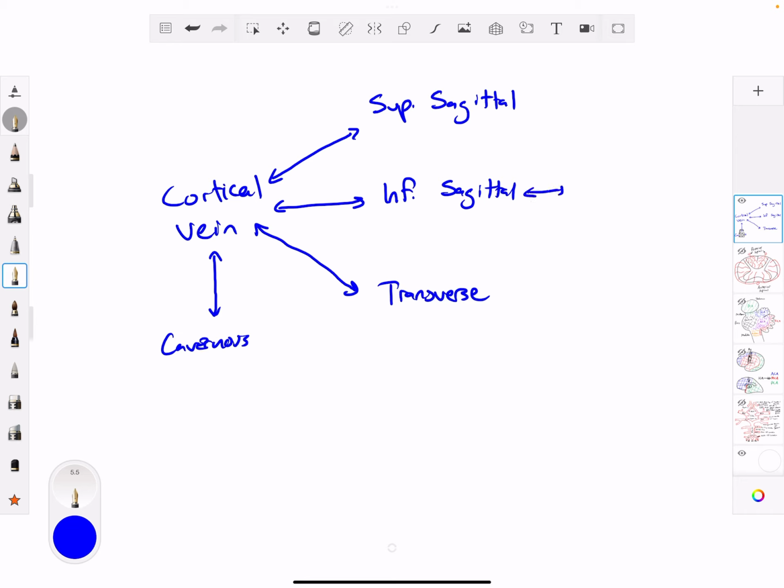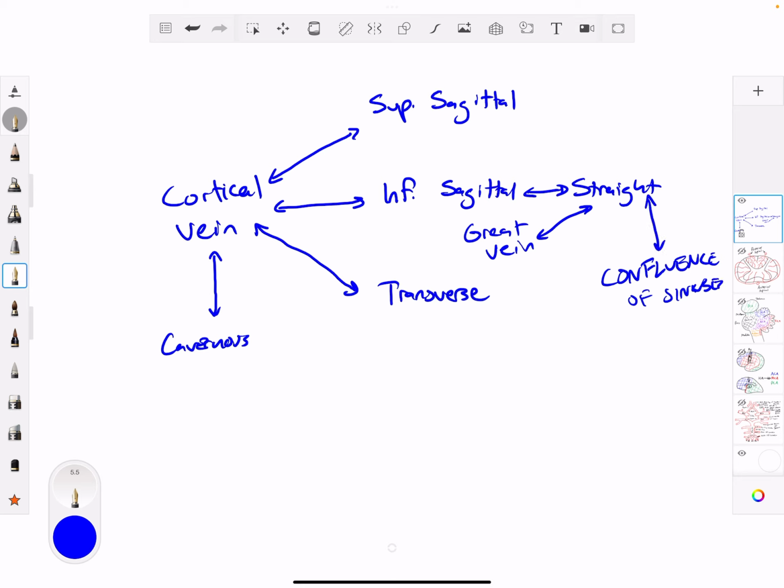Of course, we're going to have to go to the straight sinus from the inferior, which also collects from that great vein for the deep drainage there. All right, but here we'll have our confluence of sinuses.